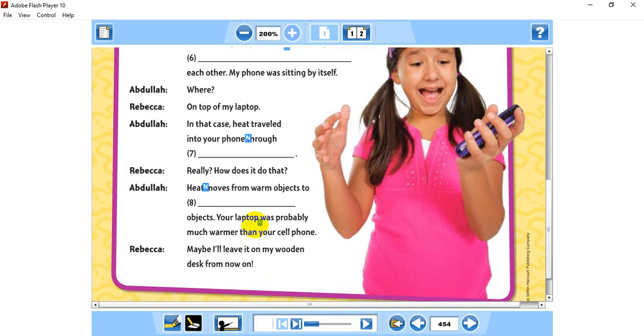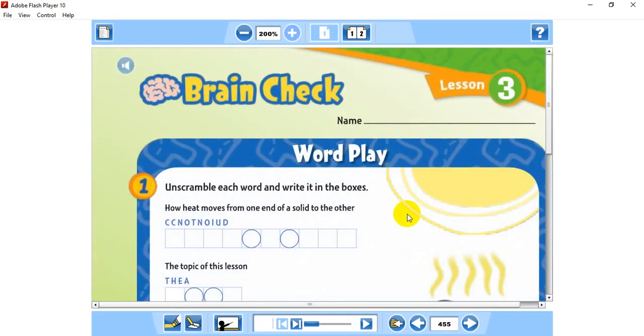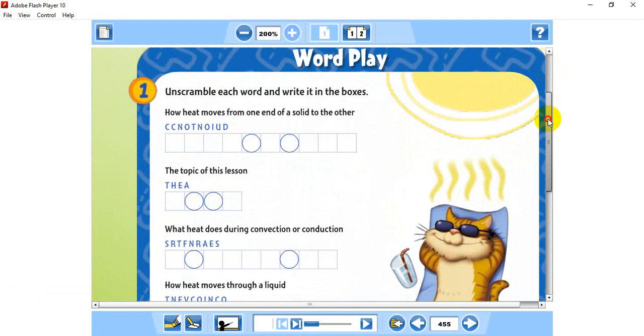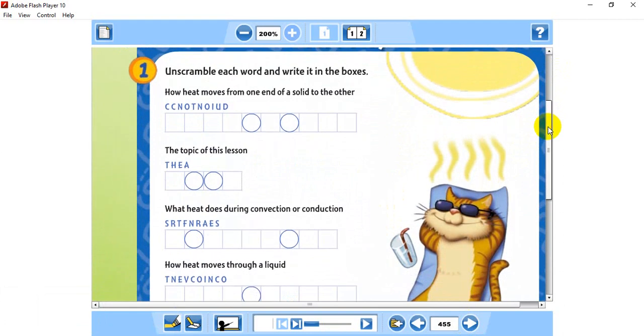I think we understand the page now. Now we should go to the next page, page 455. Now you have to solve these definitions or scientific terms in order to understand them. Okay guys, so here: how heat moves from one end of a solid to another.